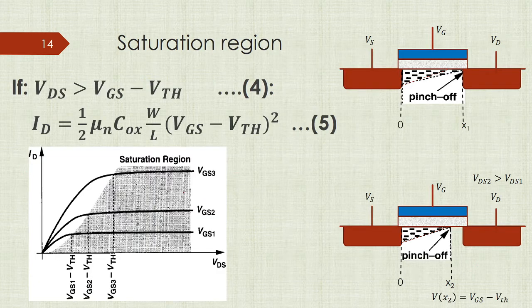Now let's move to the saturation region. So far we have seen that until VGS minus VTH we reach the maximum current from the previous equation, but from here our transistor will try to keep the same amount of current, so it will be almost constant from this point.